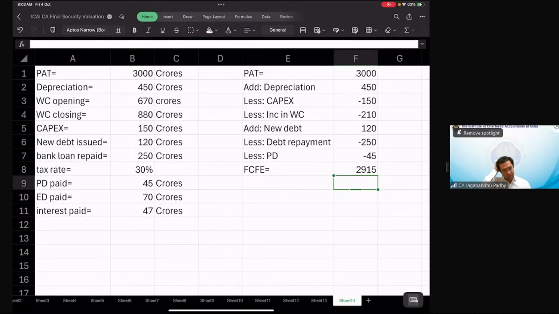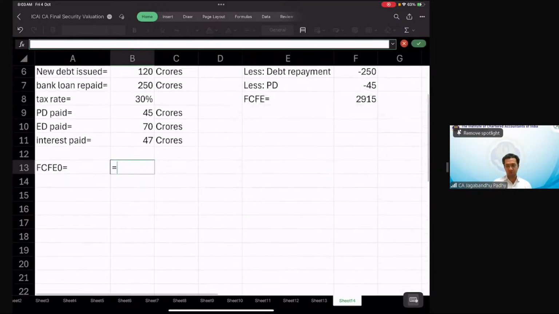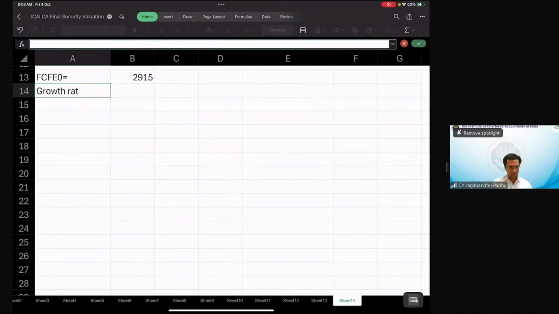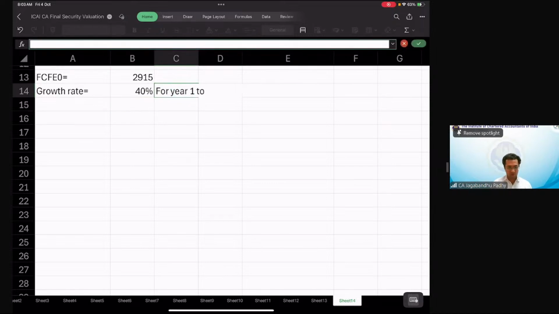Okay. Now let me add one more thing. Let me check if you really remember the previous day's concept. Now we know FCFE 0 is 2915. Now I'm telling you that the growth rate in this FCFE will be 35%, or let me take it as 40%, for year 1 to 4, and then it will be 10% for year 5 onwards.